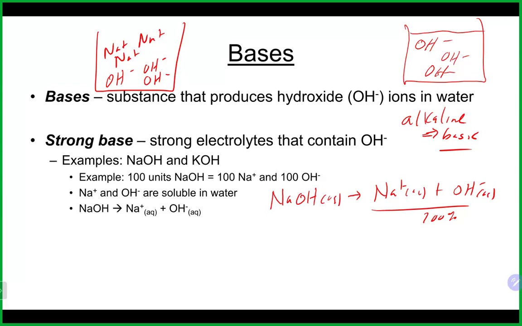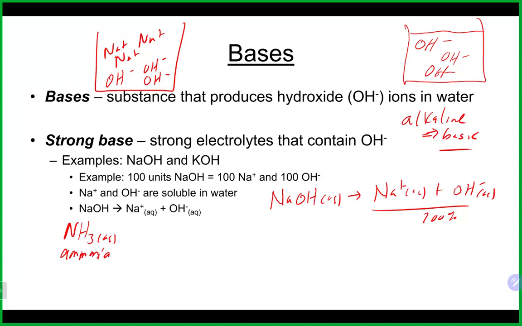Any questions on that there? Do all bases have hydroxide in the actual formula? The answer is no. There are weak bases, and a lot of weak bases actually produce hydroxide. Probably your most famous weak base is NH3, which is ammonia. That is probably your most popular weak base there.